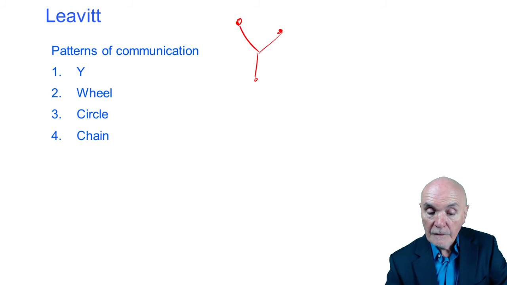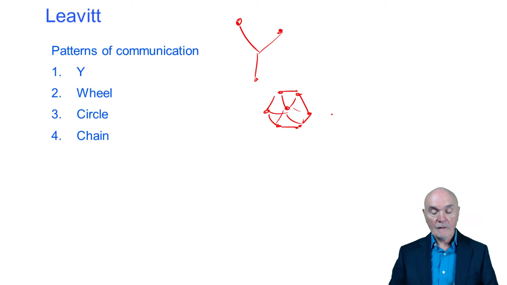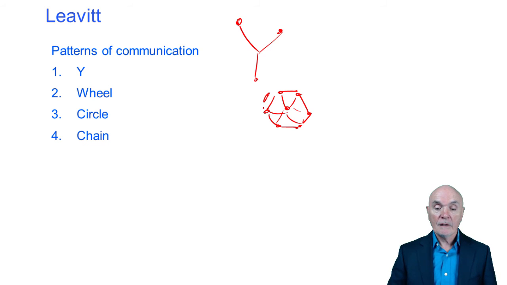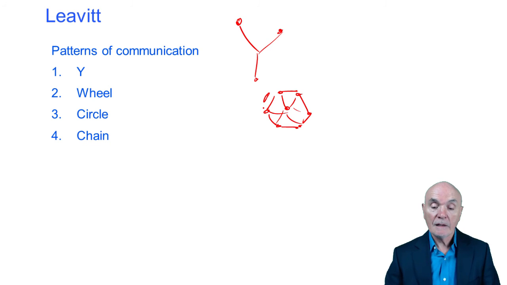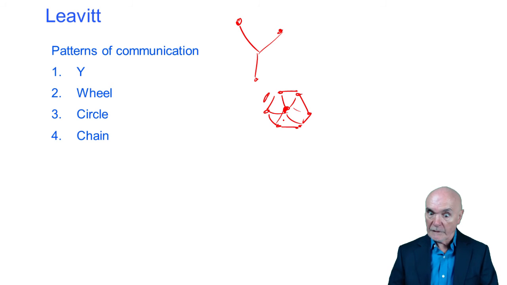You can have a wheel, and a wheel is a bit like this. And you've got the kind of axle in the middle. So information can go directly, maybe from you to a colleague, or information can maybe go through your boss, something of that sort, either instead or as well.